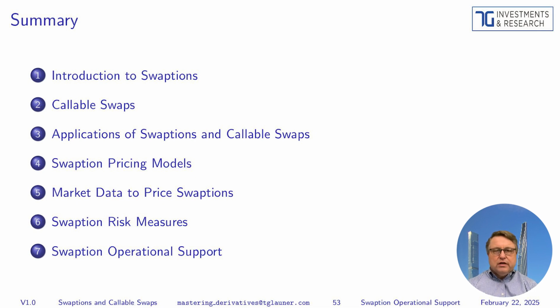We followed that with an analysis of swaption risk measures, focusing on key sensitivities such as delta, gamma, and vega, and how they contribute to risk management. Finally, we touched on swaption operational support, emphasizing the importance of trade capture, valuation, lifecycle management, and regulatory compliance.